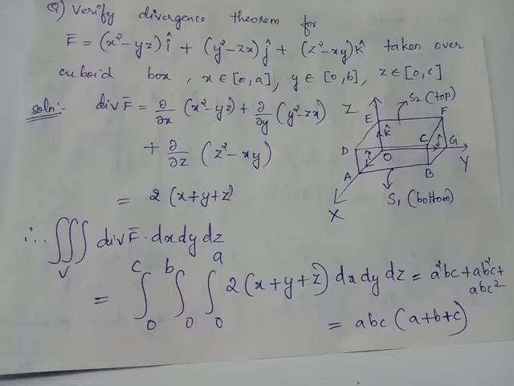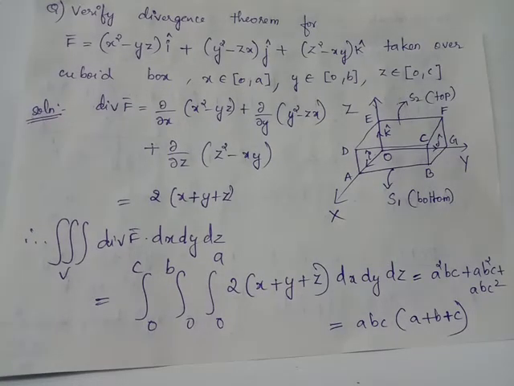When you consider the top portion of the box, that is the surface S2, n cap will be equal to k, because the outward unit normal for S2 will be n cap equals positive k. Similarly, when you consider the face S3, which is the face OGFE, the outward unit normal will be n cap equals minus i.